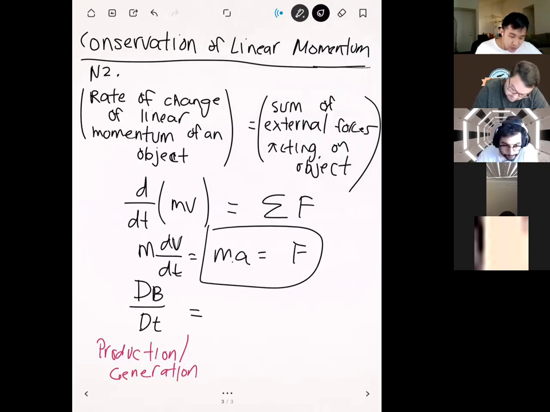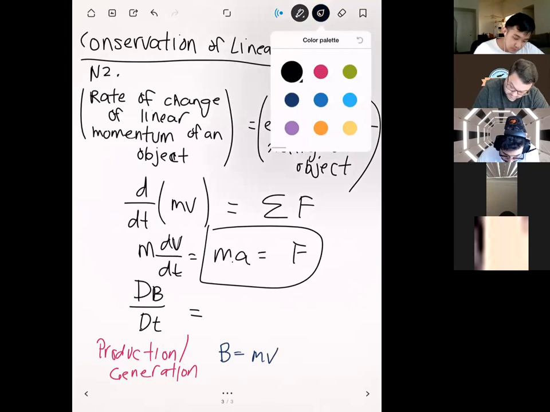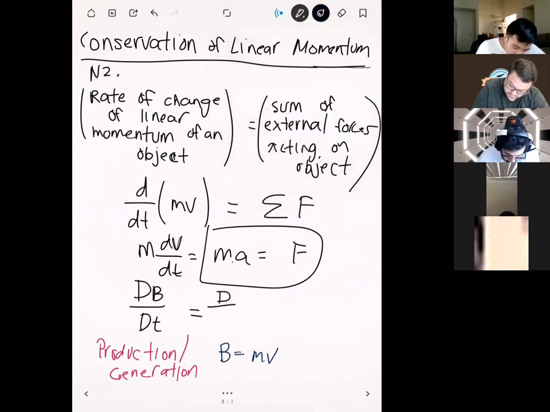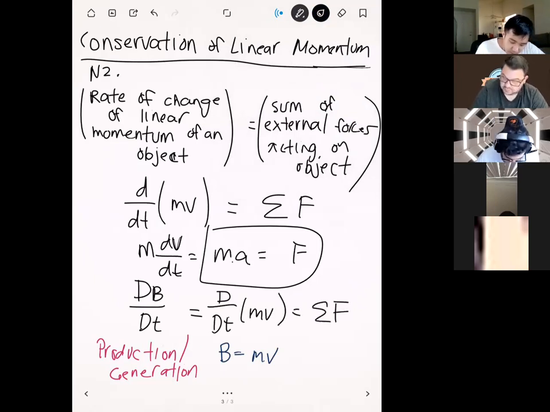In this case, since we're applying this to conservation of momentum, we set big B equal to momentum, so big B is just mass times velocity. And so what we're saying is that big D big T of mass times velocity is equal to the sum of all the forces.